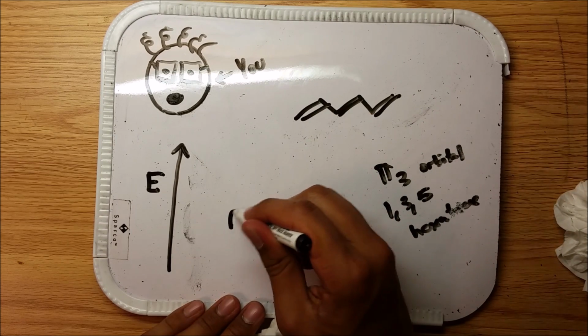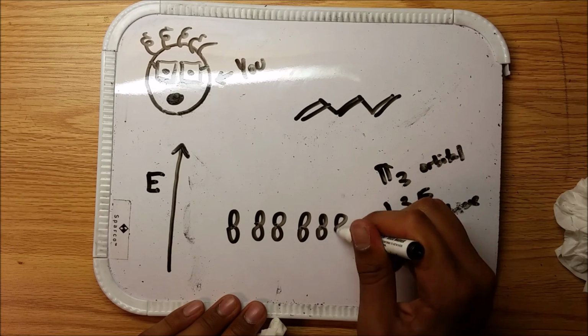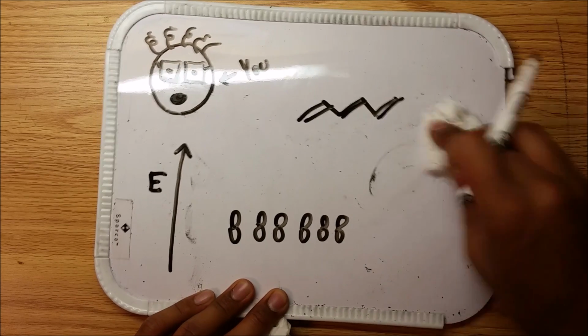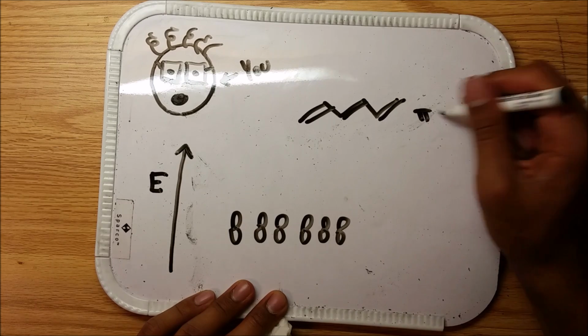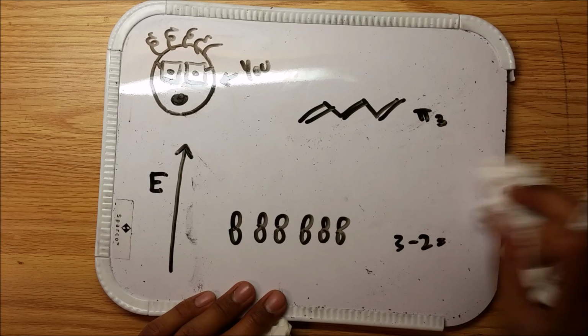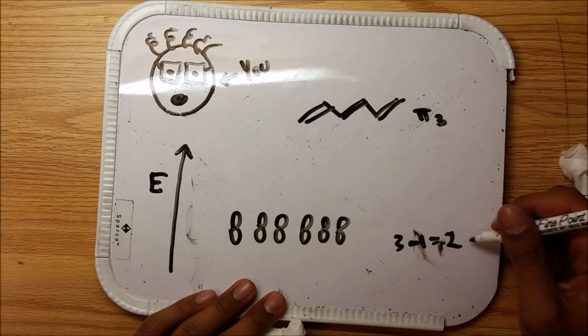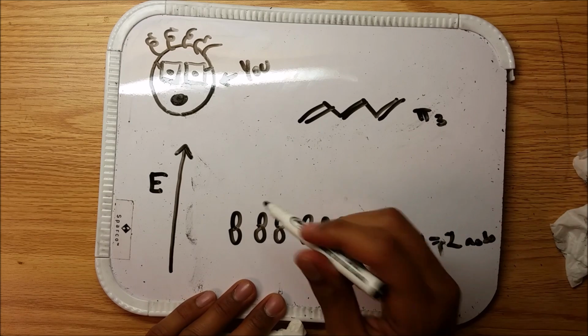So for pi 3, let's just lay out all the p orbitals like we know to do, and now we know 3 minus 1 equals 2, so 2 nodes.